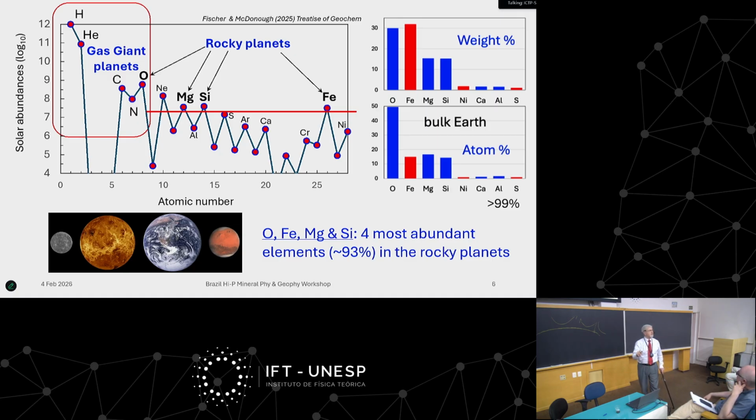The next thing I think, if you stare at the lower diagram, is there's equal proportion in terms of atom percentage of iron, silicon, and magnesium. And in fact, if you add these 4 elements up, you get to 93, 94% of the mass of the Earth, the mass of Mars, the mass of Mercury, the mass of Venus.